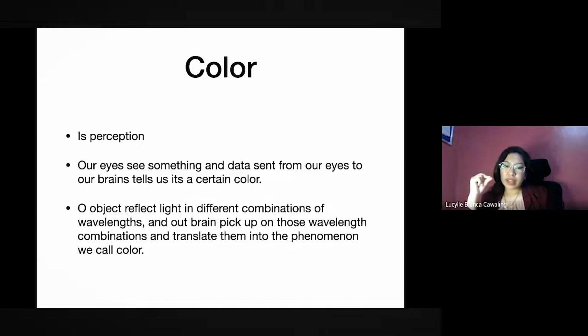Different objects reflect different light, and different objects also absorb different lights. Different objects can also be different combinations of light wavelengths, and our brain picks these wavelengths and combinations and translates them into a phenomenon called color. So color, therefore, is a perception and a phenomenon that we see.